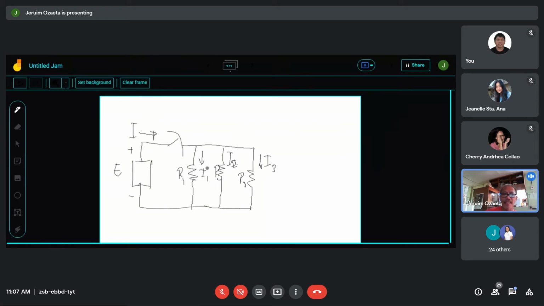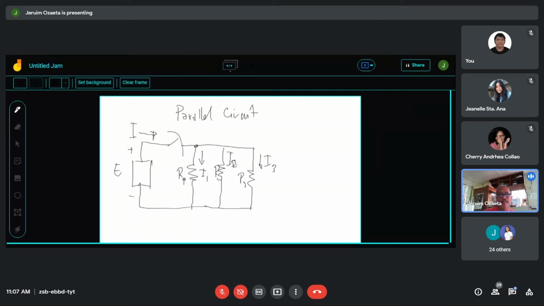Take note here that the total current that is leaving the source will divide among the resistors that are connected in this manner. This is what you call your parallel circuit. Parallel because the current that flows from the source is not always the same in resistor 1, resistor 2, resistor 3.